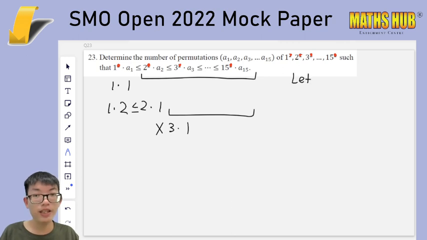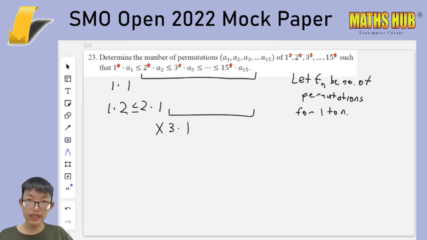So let's use f for Fibonacci. Let fn be the number of permutations for the same problem, for 1 to n, where you adjust the rest of it accordingly.